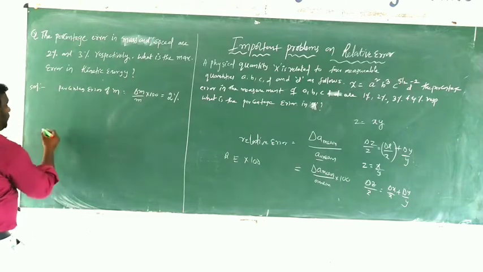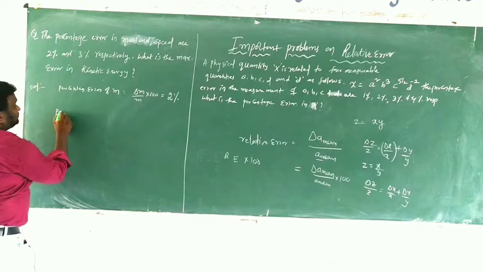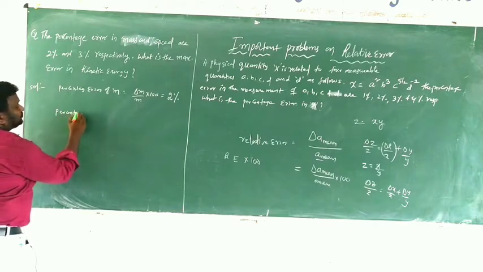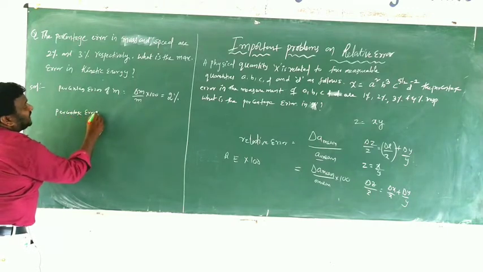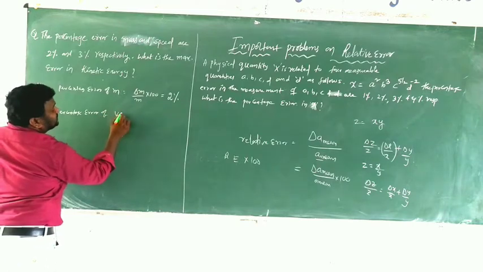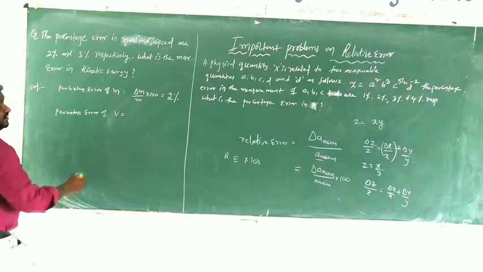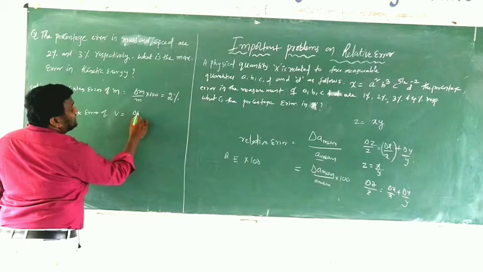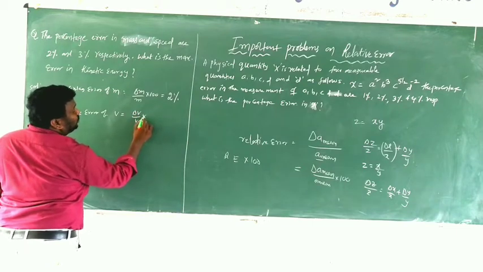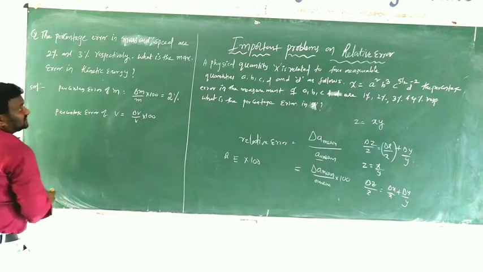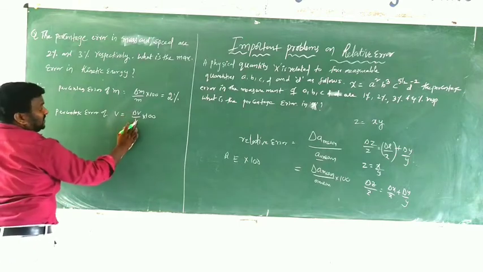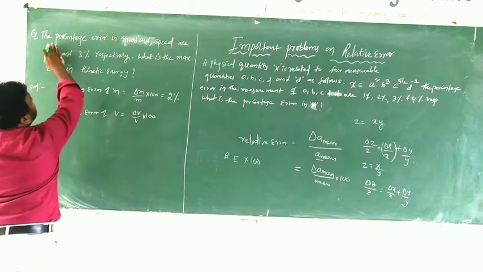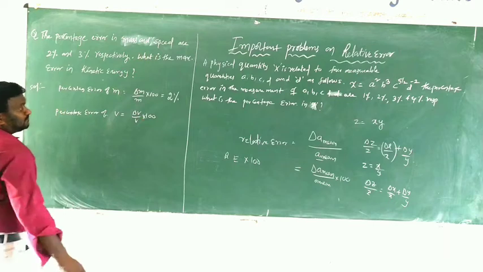Similarly, for the percentage error in speed, I am writing speed as v. We can write delta V by V into 100, which is the percentage error in speed.